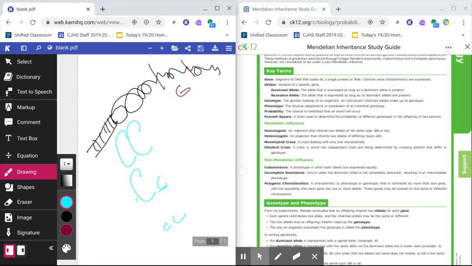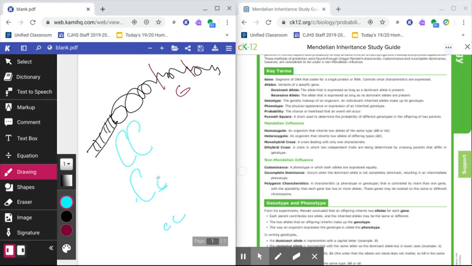Now, you notice that we have capitals and lowercase. That's dominant versus recessive. In Mendelian genetics, that's the easiest inheritance pattern you can think of. The dominant trait, the uppercase, is expressed as a capital letter. What that means is that there's enough of it expressed that it overshadows anything else.